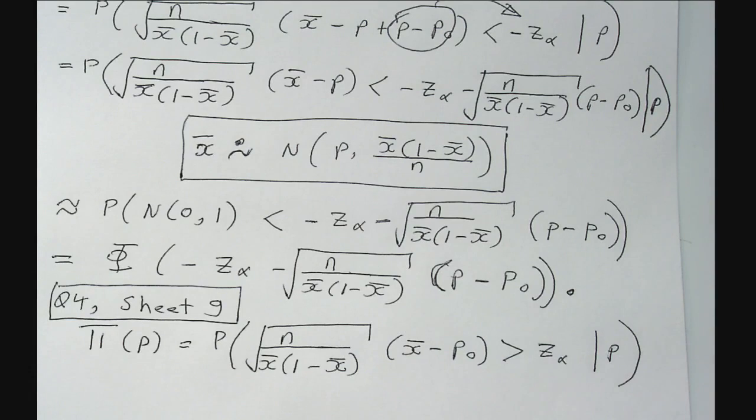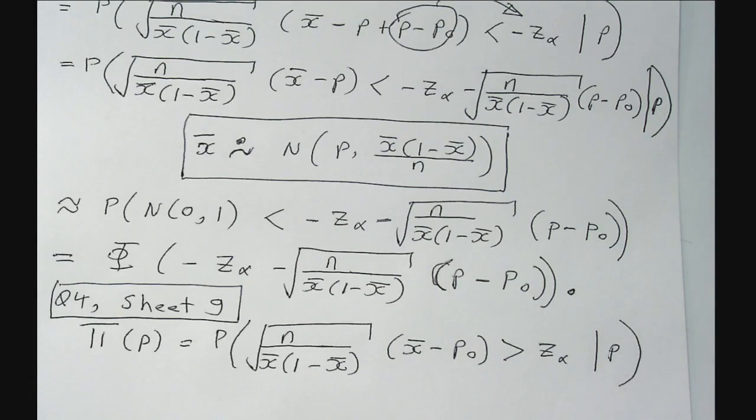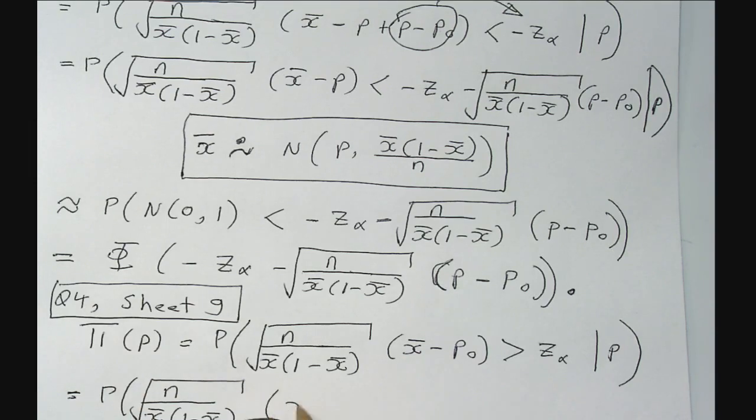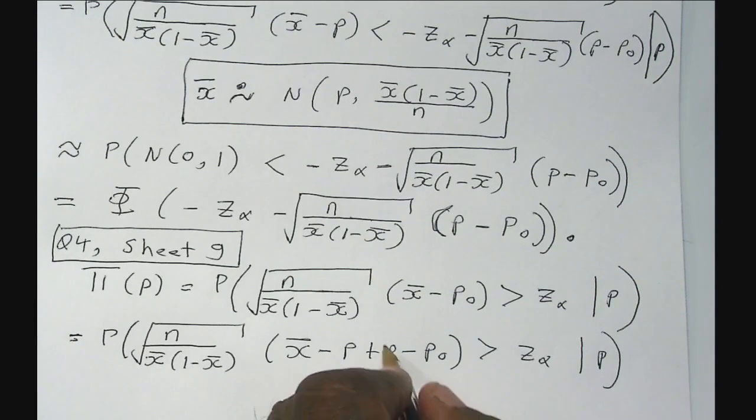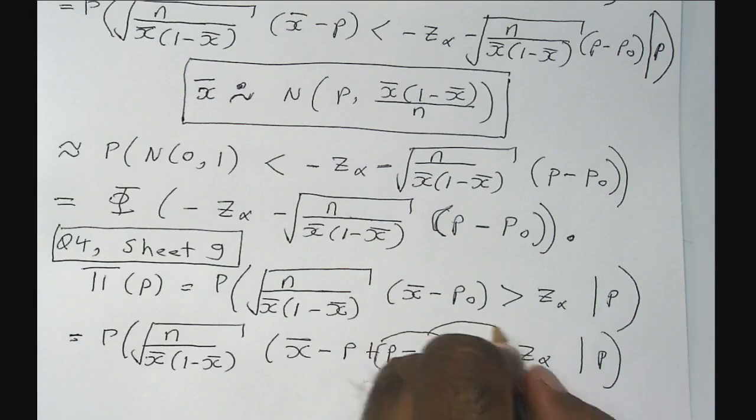So the sign changes to being greater than. The next step is the same as before. Because the true proportion is p and it's not p0, you replace p0 by p, and then as before, you take this to the right hand side.